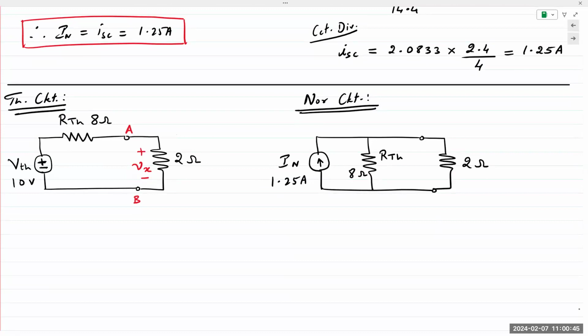At this point, if I wished to find Vx, it would simply be voltage division, VTH times 2 divided by 8 plus 2, which gives me 2 volts. That 2 ohm resistor could change to 10 ohms. I could still find the voltage Vx, one-step answer, right? Same thing with the current flowing through the 2 ohm resistor right there.